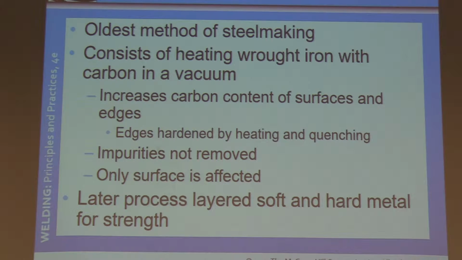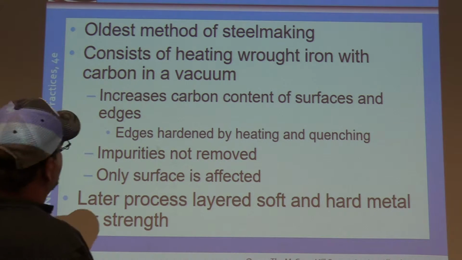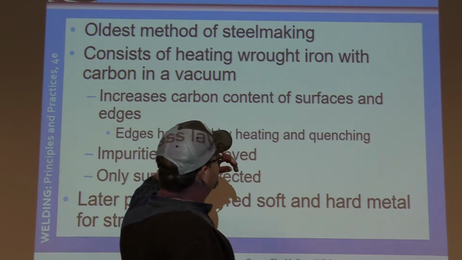We'll get into the weld inspection portion. We start talking about interstitial and substitutional alloying and case hardening and so forth. And this is very similar to what we were talking about with the sword process. It increases the carbon content of the surface and the edges.